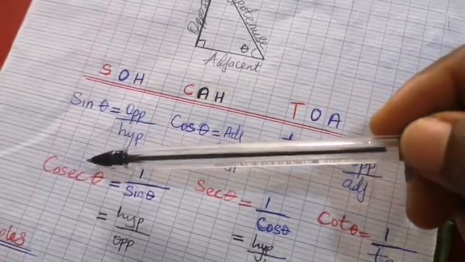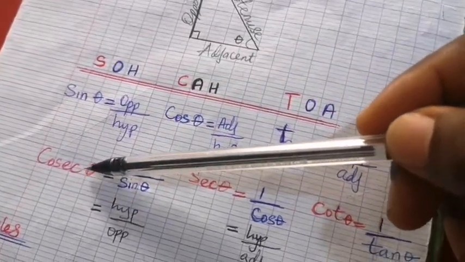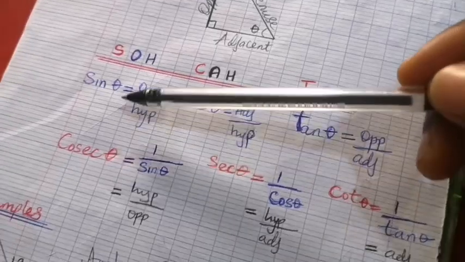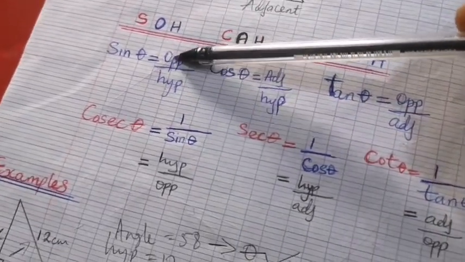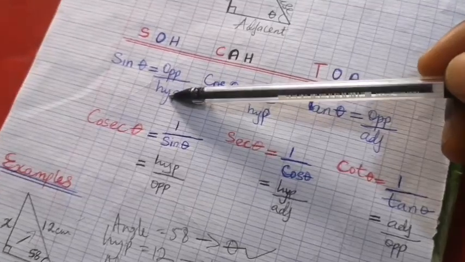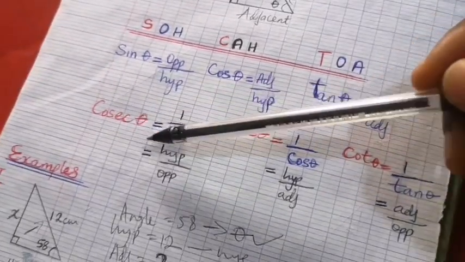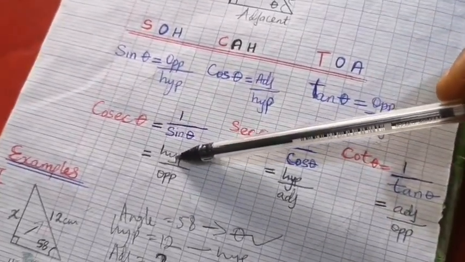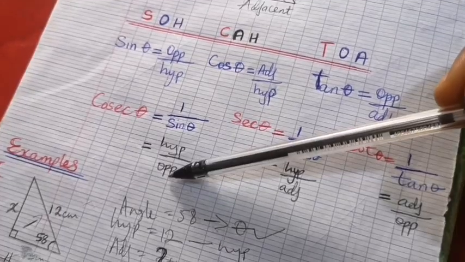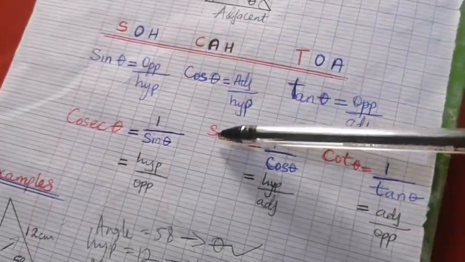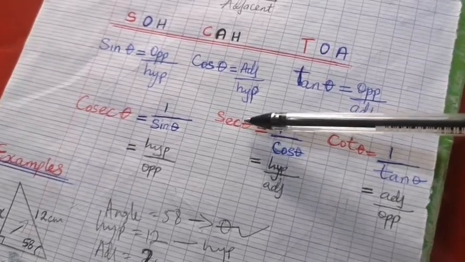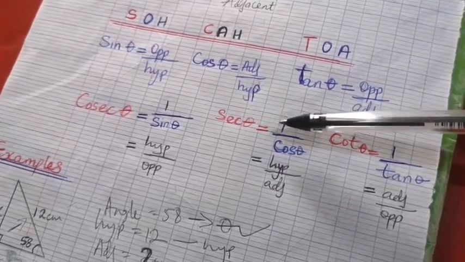And we have another one, cosec. Cosec is actually the inverse of sine theta. Now, since sine theta is opposite over hypotenuse, then cosec will become hypotenuse over opposite, because cosec is the inverse of sine theta. We have another one, sec theta. Sec theta is the inverse of cos theta.